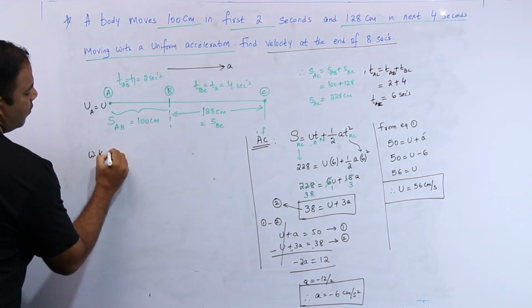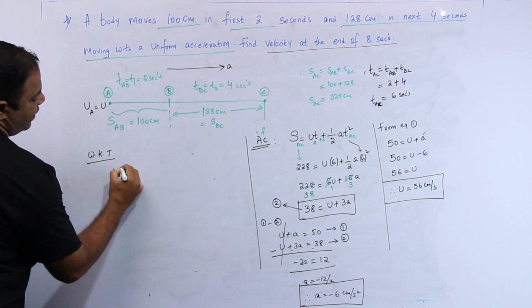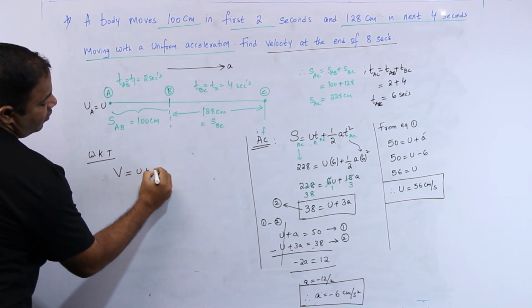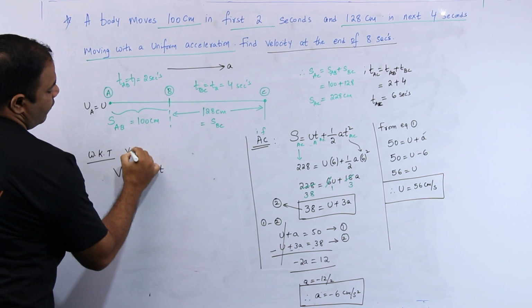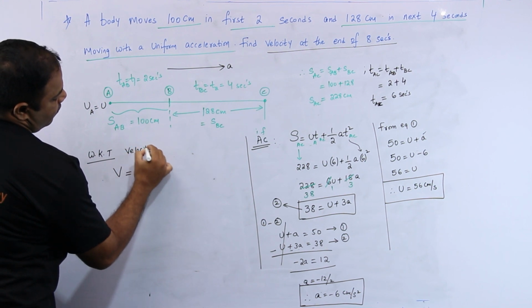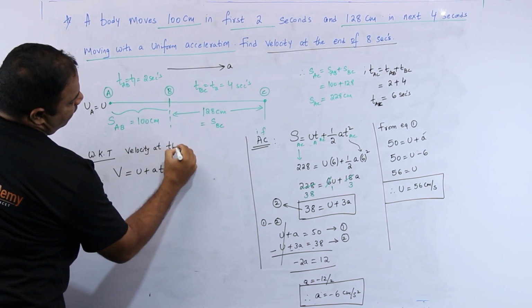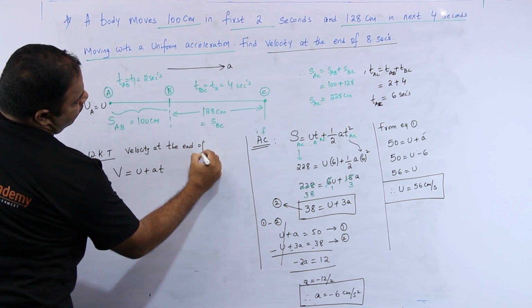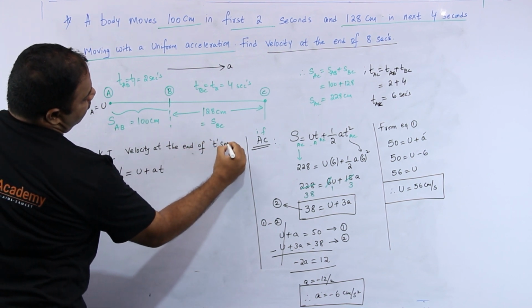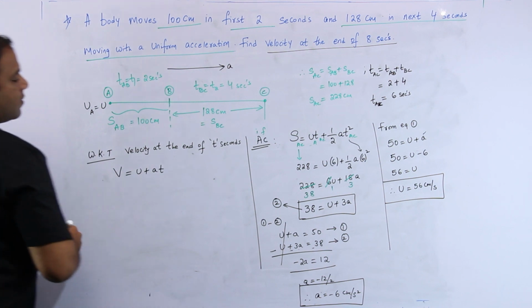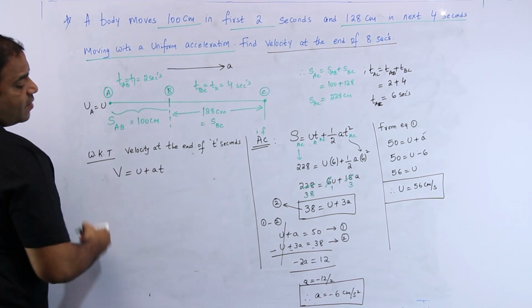We know that velocity at the end of t seconds, v is equal to u plus at. Now let us substitute everything.